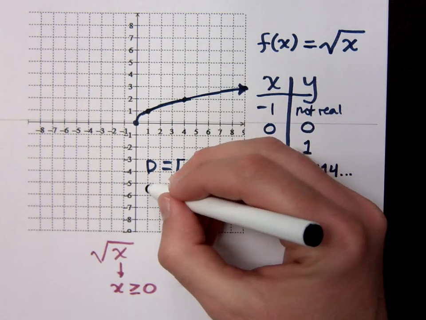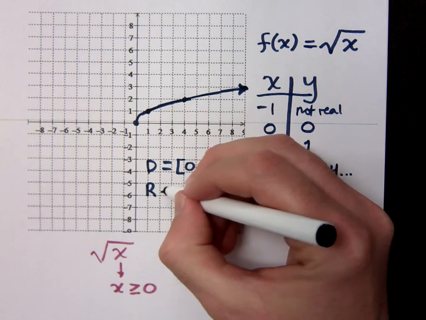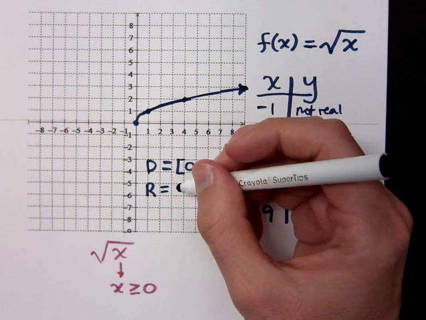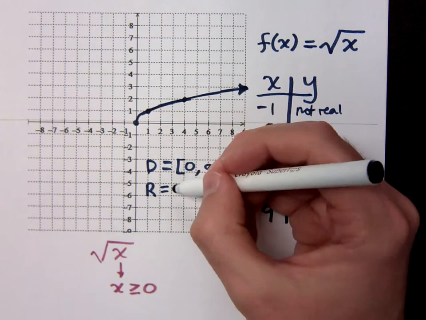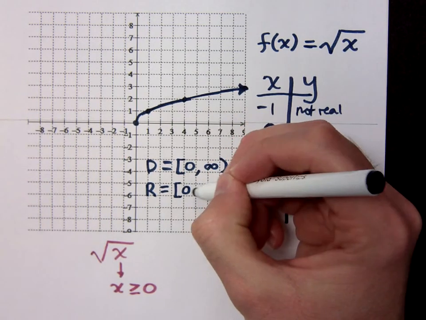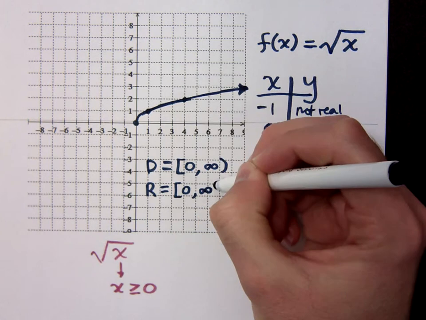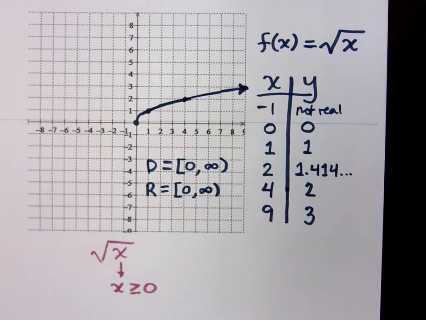Okay. What about your range? 0 to infinity. It's going to be the same thing. If I look at the y values being used, the lowest I get is 0, and they go up to infinity. What do you guys think about that?